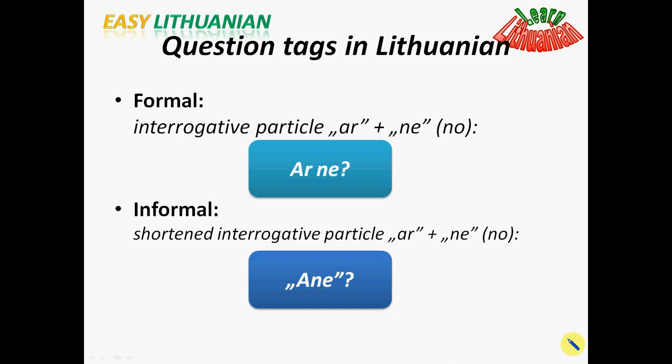But it doesn't mean that we can't use the first version, "ar ne", in informal conversations. We can use "ar ne" in both formal and informal conversations. It doesn't matter. While the second, "ane", of course, can be used only in informal, colloquial conversations.